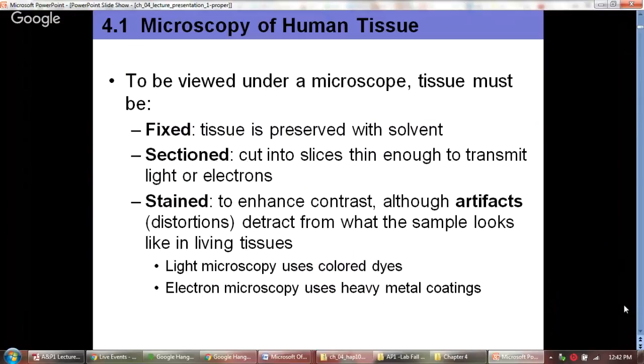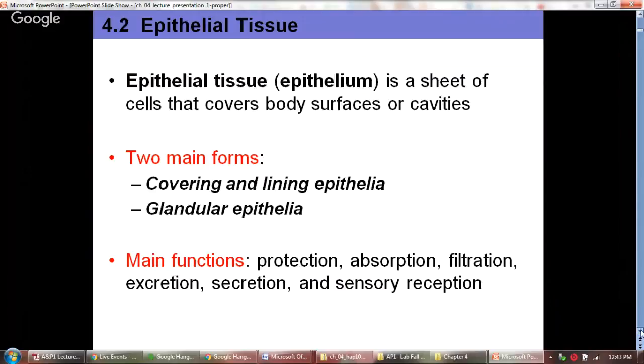Then if you're using a light microscope, you need to stain them to enhance contrast as well as to differentiate several organelles, and therefore you use some color dyes. But electron microscopes use heavy metal coatings because they use electron beams.